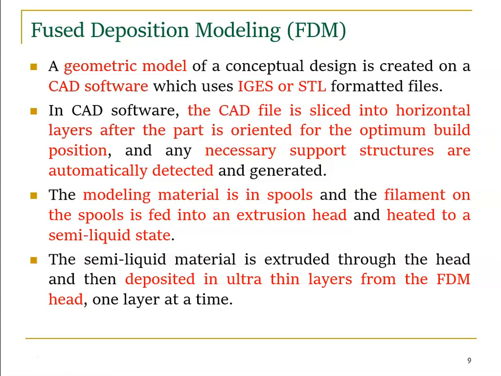So slicing is, for example, if you give a 3D model, a 3D cube, it will take slices, layers. So as I said, you are planning to fabricate a class note. Assume that the class note consists of 192 pages. So a single sheet we say is a 2D layer. So if you give a 3D object, the system will convert the 3D to layers, right?